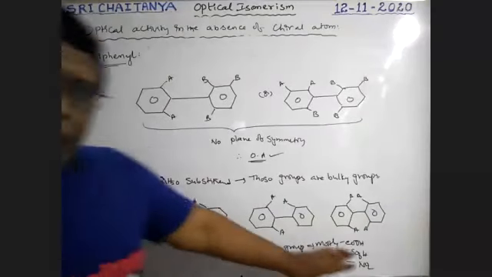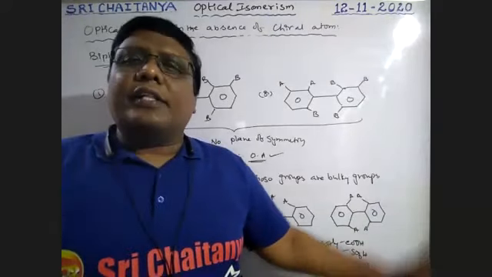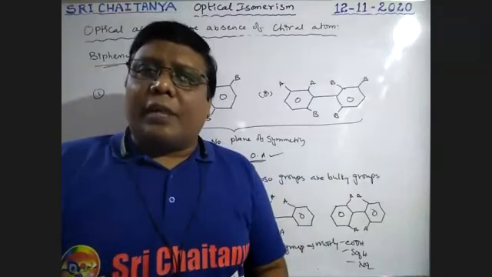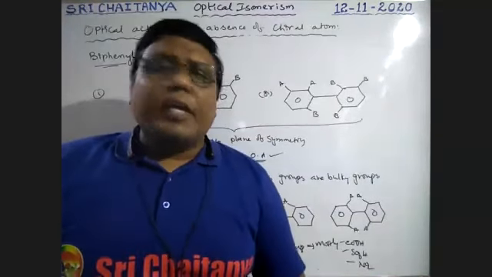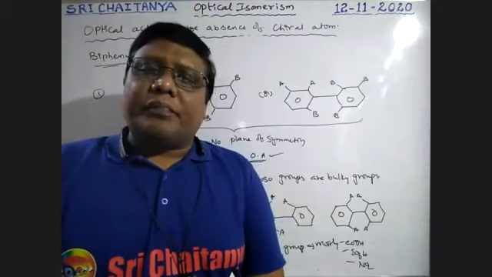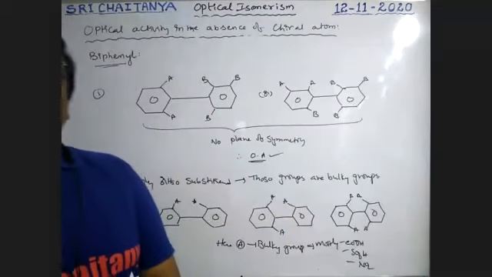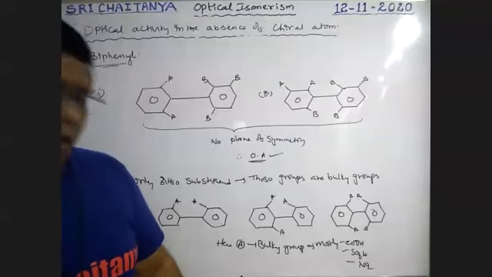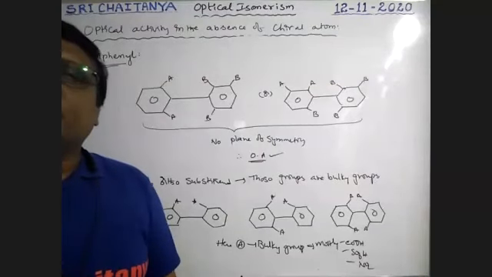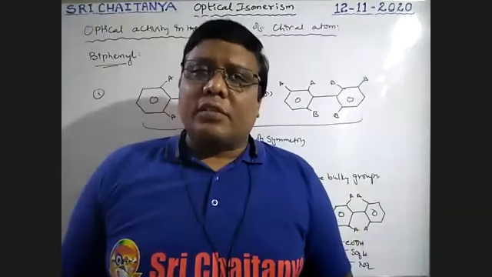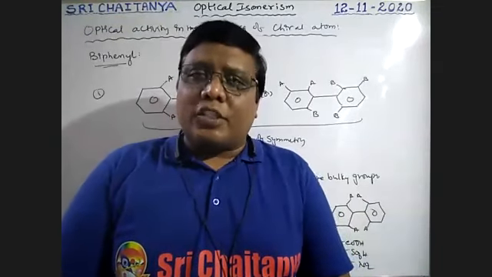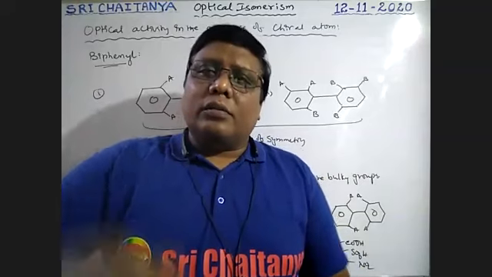In these cases, no symmetry is available. Therefore, those are optically active, even though having no chiral center. These compounds may also act as optically active compounds. So this is optical isomerism, boys. This is the completion of optical isomerism. Okay, so thank you.